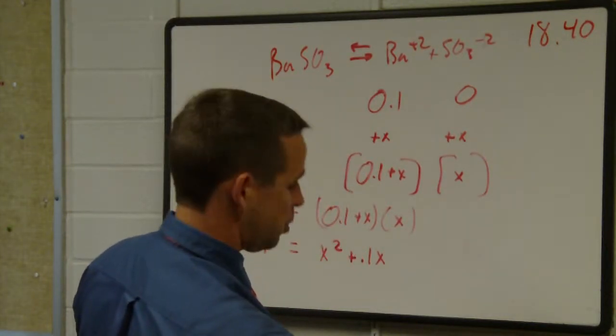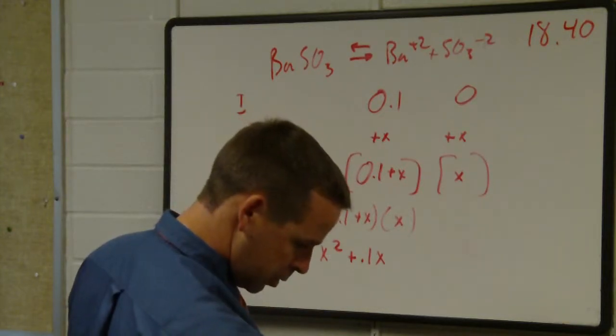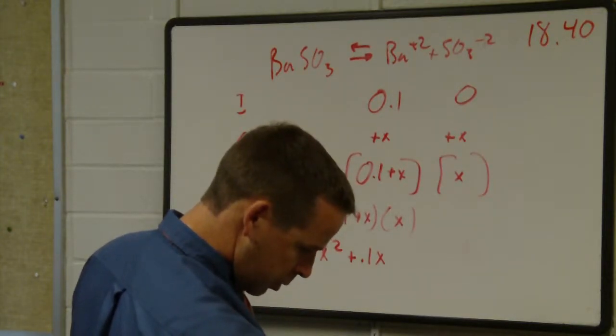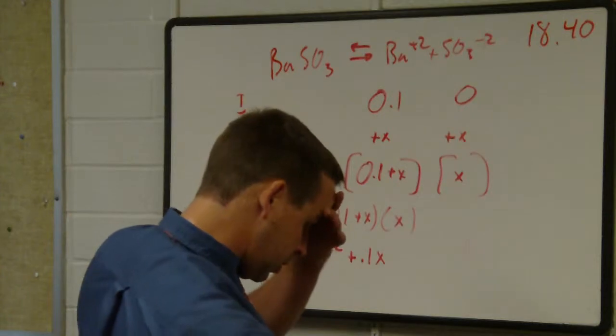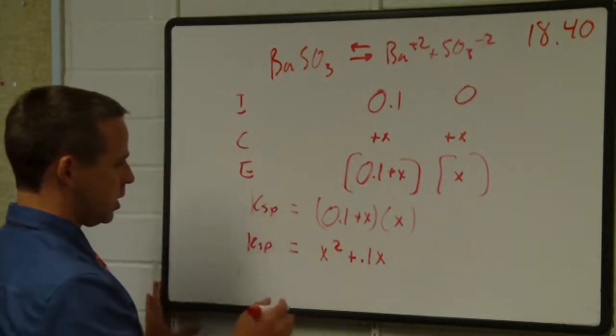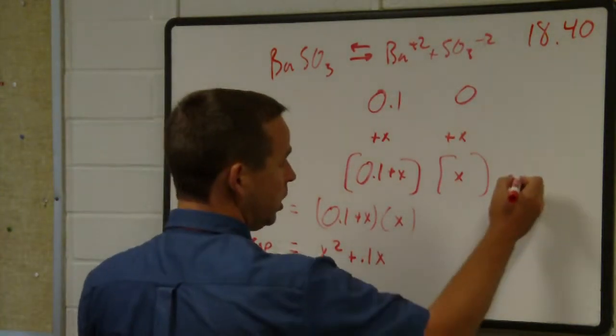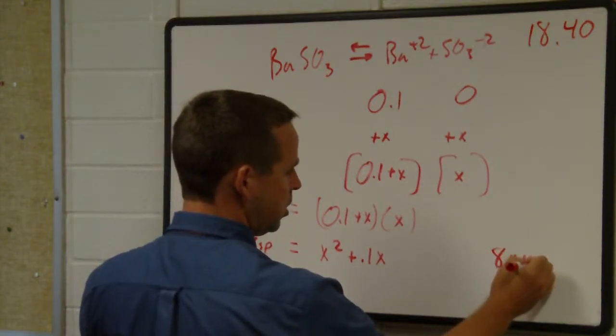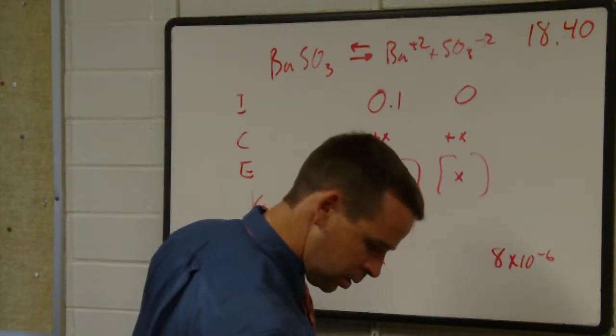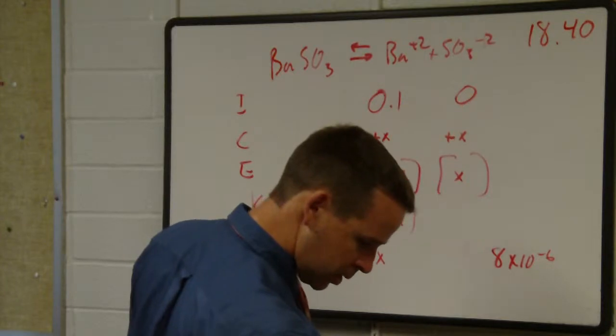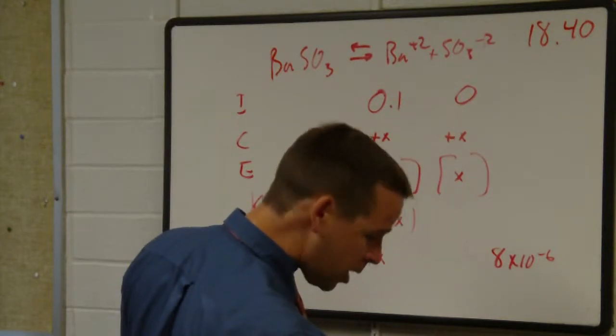We are given the molar solubility, 8 times 10 to the minus 6. So the molar solubility is 8 times 10 to the minus 6. That's how much barium sulfite actually dissolved, right?